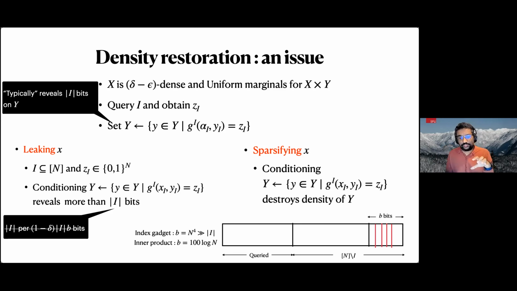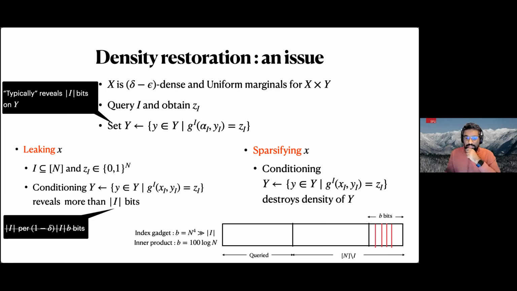And then the amount of information: if it's not leaking, we are revealing about I bits of information. So even if all of these I bits of information go into a single block of Y on n minus I, this only covers a small portion of the bits in that block. I've marked those positions in red.